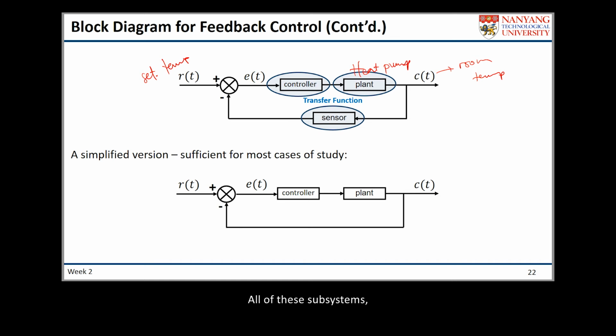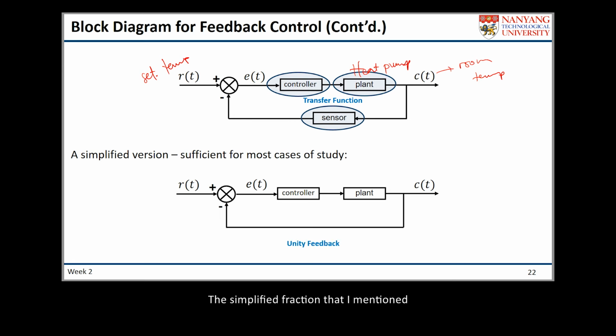All of this subsystem, the controller, the heat pump, the sensors, basically they are a dynamic system. So you can represent this controller, the plant, the heat pump, and the sensor in a transfer function form. So in a block diagram, what you have to put in these 3 blocks of controller, plant, and the sensors are the transfer function of all of those things.